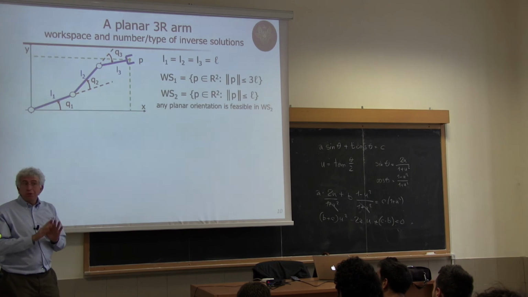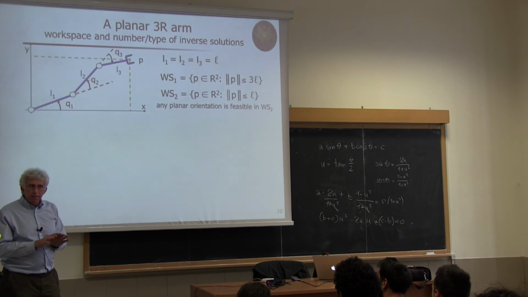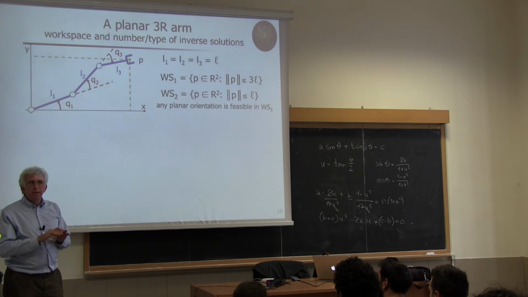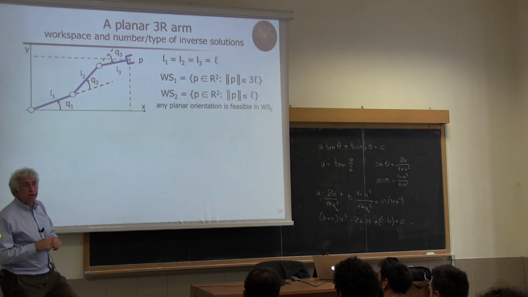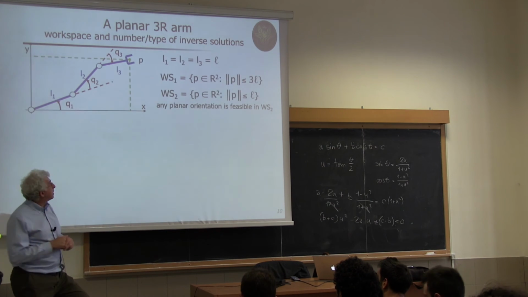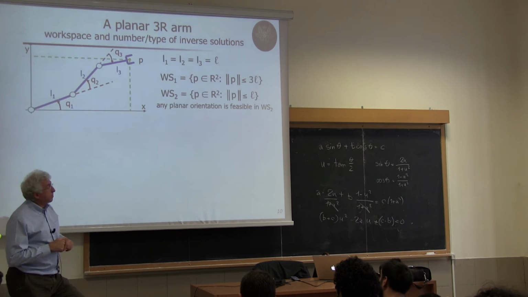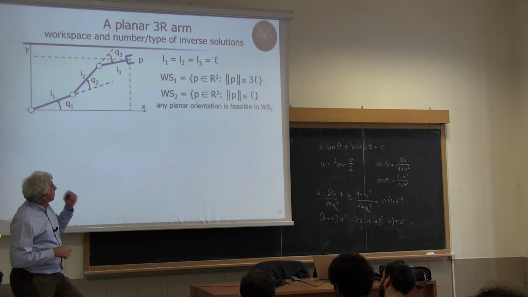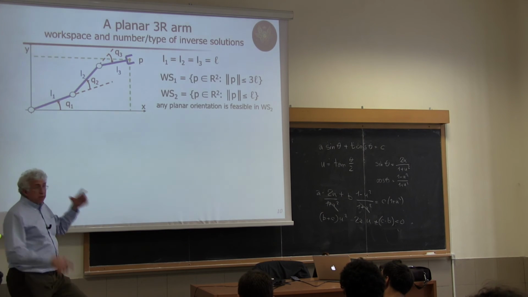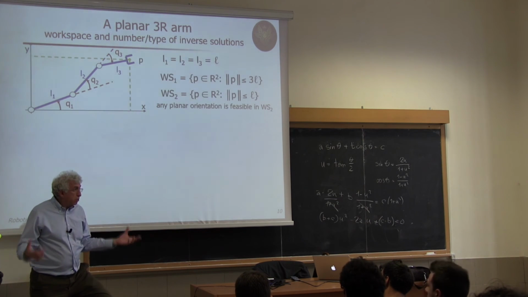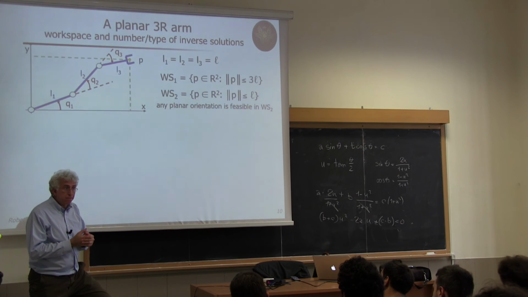First of all, in order to make things simpler, though I suggest you analyze the more general case, suppose that the 3 links have equal length, say calligraphic L. So what is the primary workspace? Well, the primary workspace is a circle of radius 3L, so there is no hole at all inside.